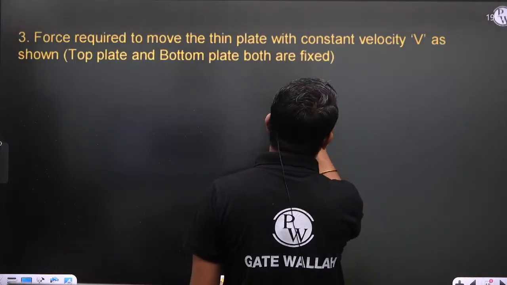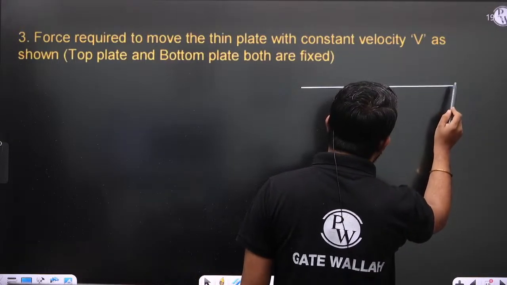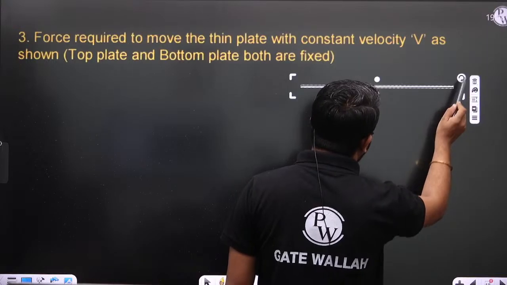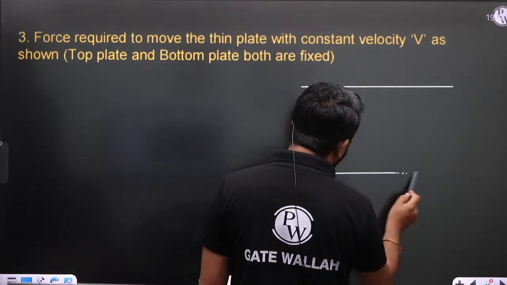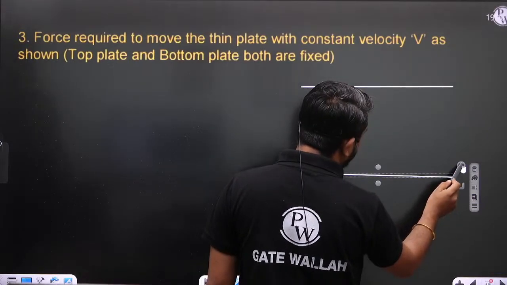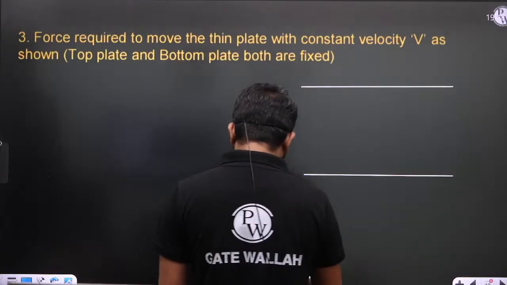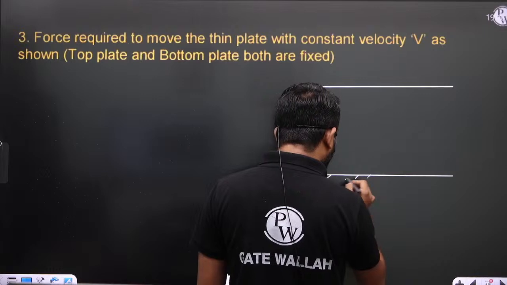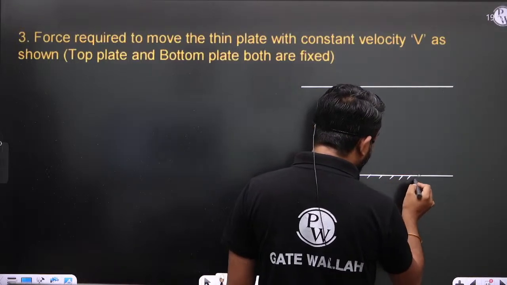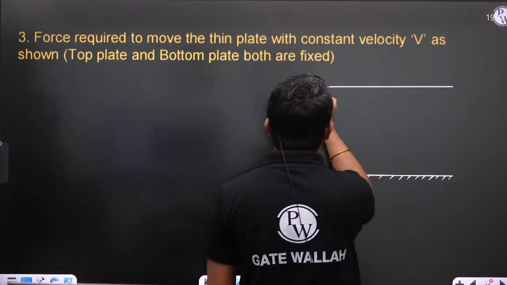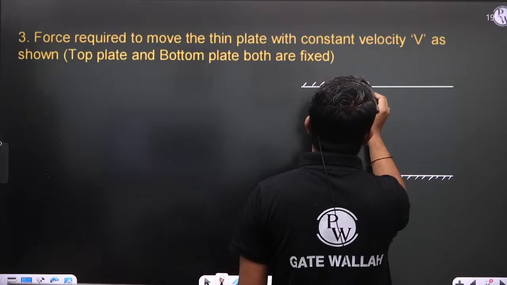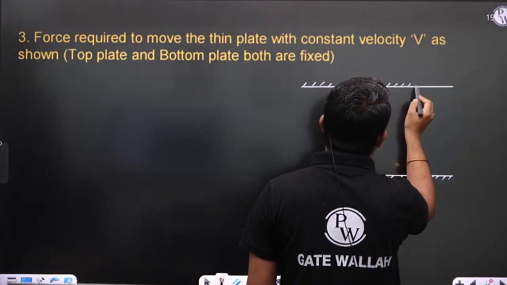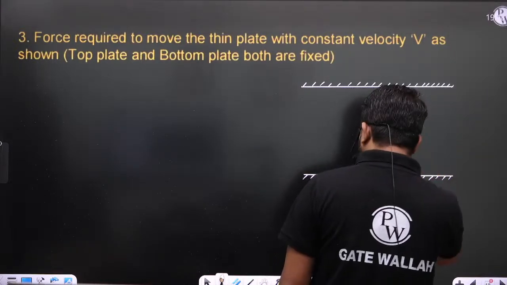So beta, let us consider this is the top plate and let us consider this is the bottom plate. Top plate is fixed, bottom plate is also fixed, both the plates are fixed like this.